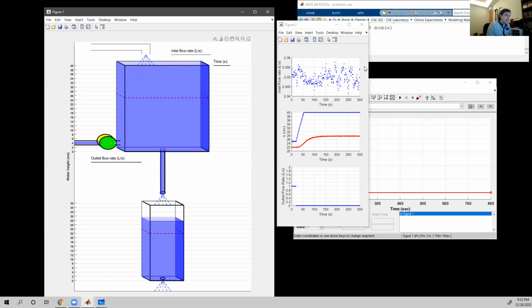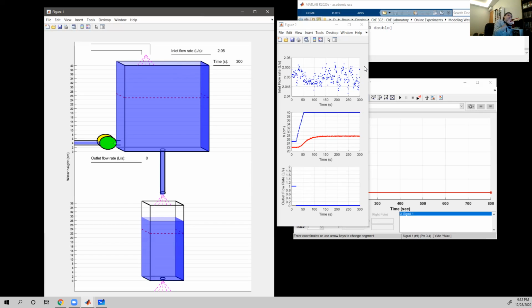There would be another problem related to changing the valve from one extreme to another, which I'm going to emphasize in a couple of minutes. For instance, I could have easily given the outlet flow rate the minimum value, 0.5 liters per second.